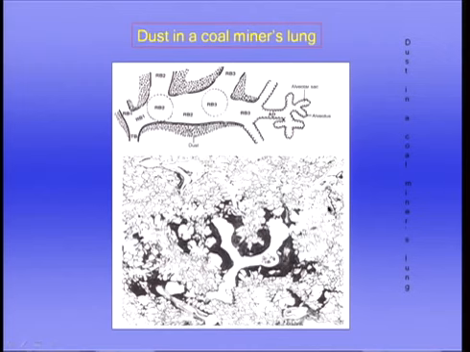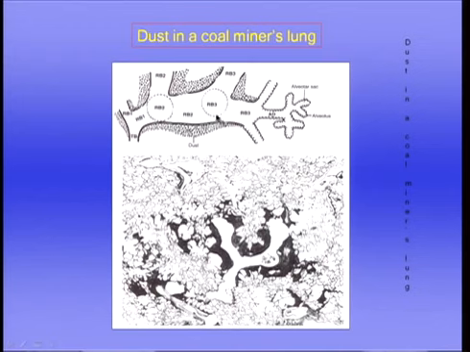I can see it, but it's not easy for someone who's not familiar with these things to see it. And so the artist has put in a cartoon at the top to show us what's happening. And as you can see, the dust is found in the immediate vicinity of the terminal and respiratory bronchioles. The peripheral alveoli are completely spared of dust.